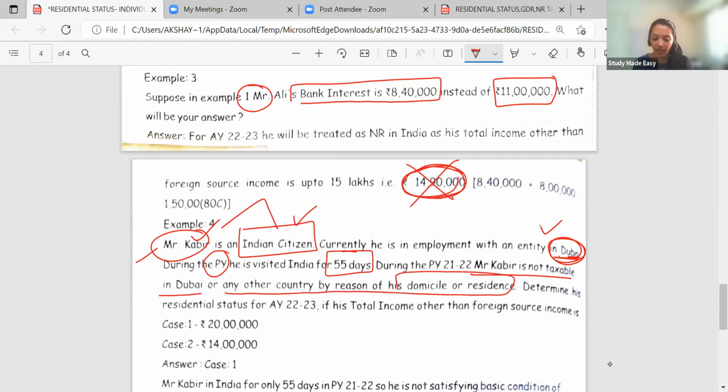That means I am not concerned about his number of stays in India. If he is an Indian citizen, due to domicile, due to residence, not paying taxes anywhere, and his total income other than foreign source exceeds 15 lakh. Only one condition: that your income should exceed 15 lakh and, by domicile reason or residence reason, you are not paying taxes at all.